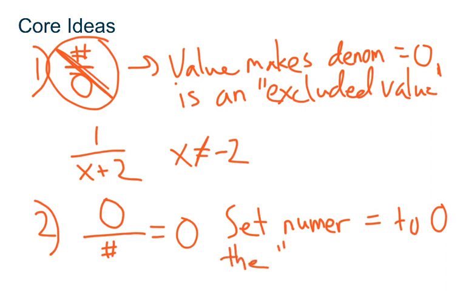I'm going to put "find the zeros" in quotes because you see it in directions, find the zeros of the expression, of the equation, of the function, whatever they're calling it, whatever the context is, you set the numerator equal to 0 to do that. Just because anytime 0 is divided by a number, it's going to equal 0.